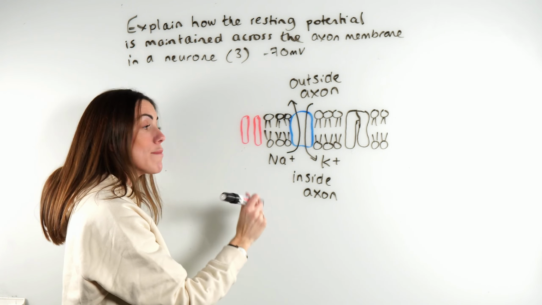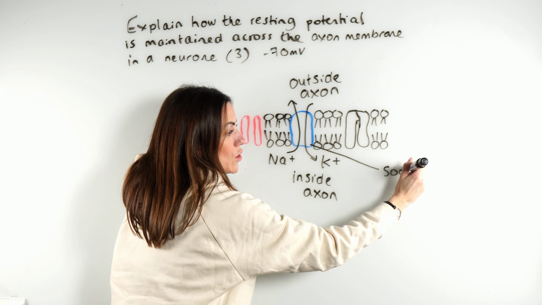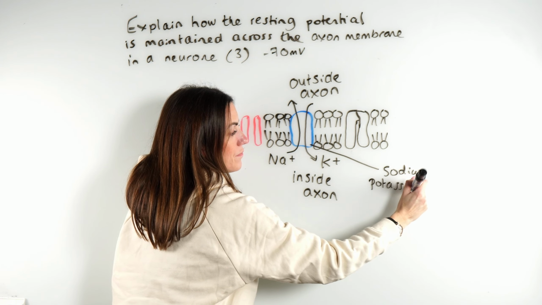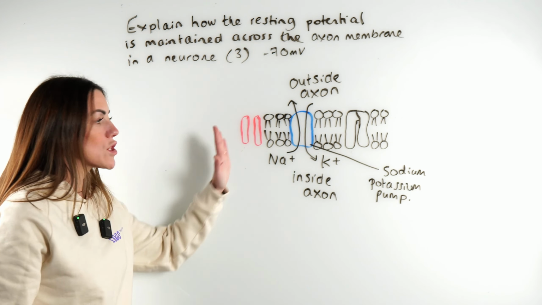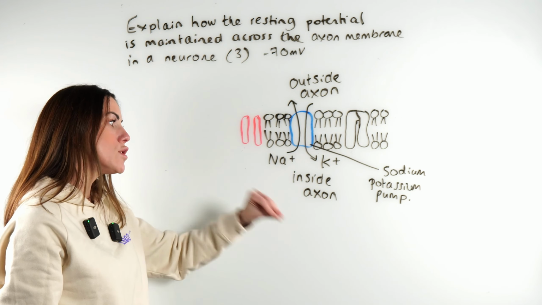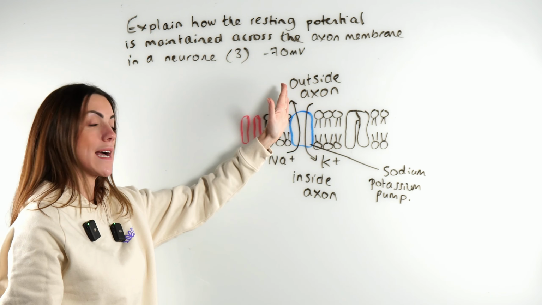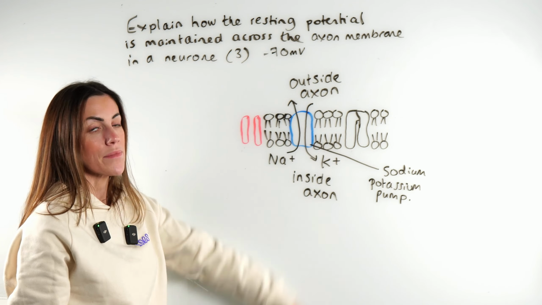Now, the name of the protein that does this, it's called the sodium-potassium pump. Okay? So the sodium-potassium pump is moving sodium ions out of the neuron or out of the axon, and at the same time it's moving potassium ions in.